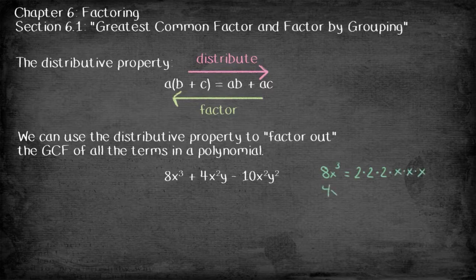For 4x squared y, we have 2 times 2 times x times x times y. For 10x squared y squared, let's see, what do we have in common?